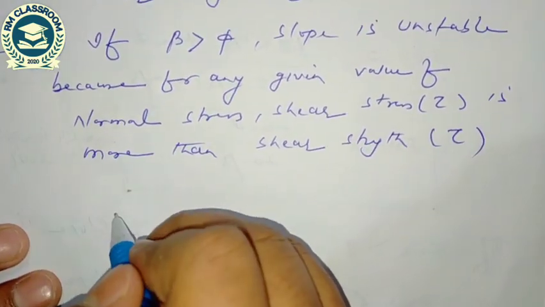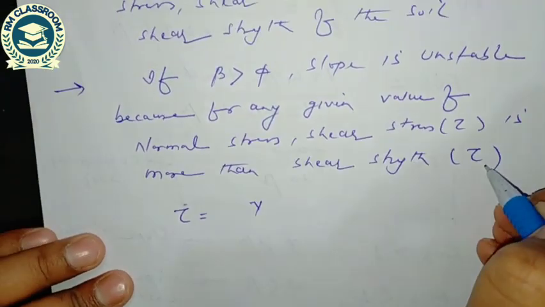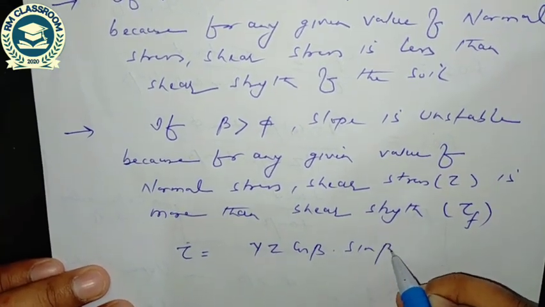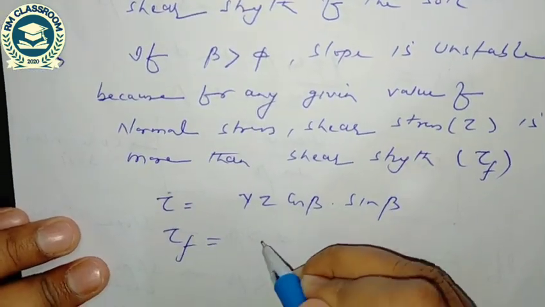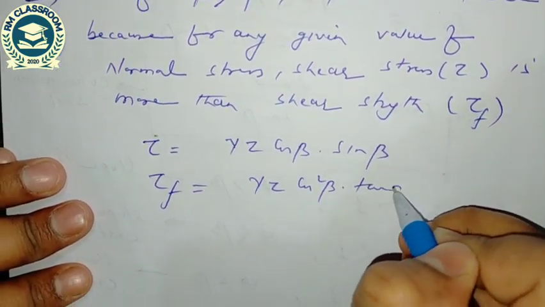We have seen the shear stress tau is gamma z cos beta sin beta, and the shear strength of soil is gamma z cos square beta tan phi.